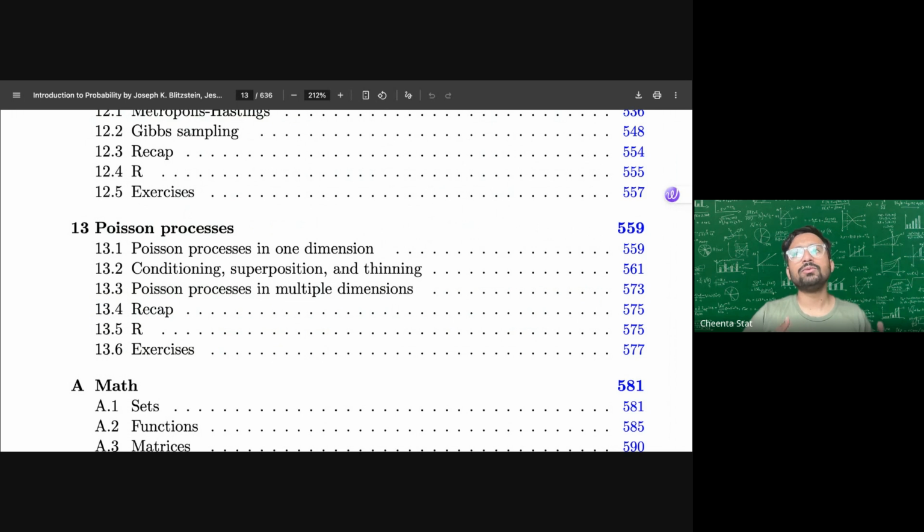The generalization to continuous time is the exponential distribution, and hence the Poisson process is nothing but a generalization of the Bernoulli process to continuous time, and the interarrival time in the Poisson process is exponentially distributed. This is beautiful, actually.